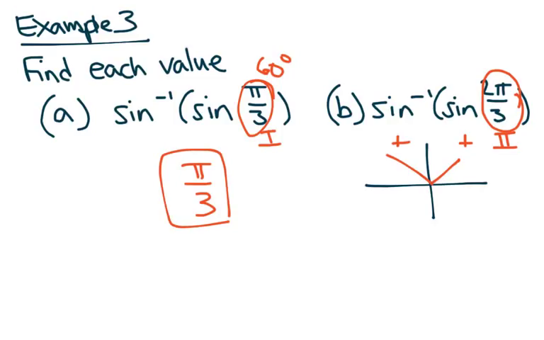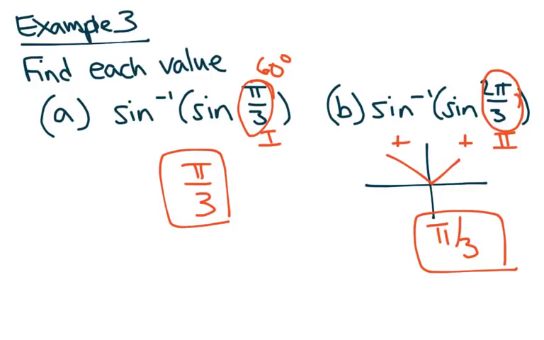Therefore, the answer we're looking for must be in quadrant 1. Well, what's the reference angle? The reference angle is pi over 3. So the inverse sine of the sine of 2 pi over 3 is actually going to be pi over 3, because our answers have to be restricted to quadrants 1 or 4.